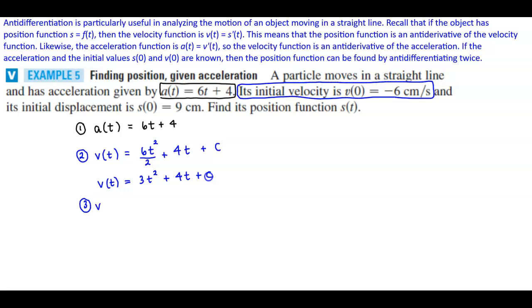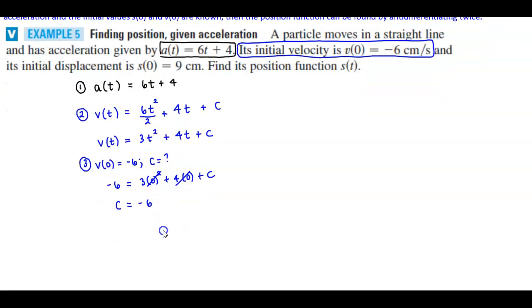So we plug it into the velocity function to find out what c is. v of 0 equals negative 6, and t is 0, so it's 3 times 0 squared plus 4 times 0 plus c. Therefore c equals negative 6, since both of those terms are 0.